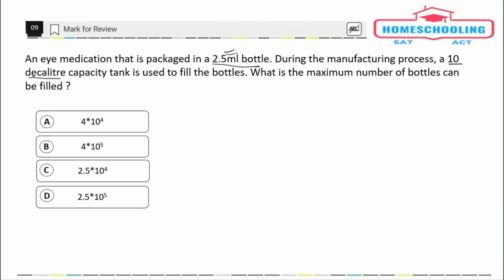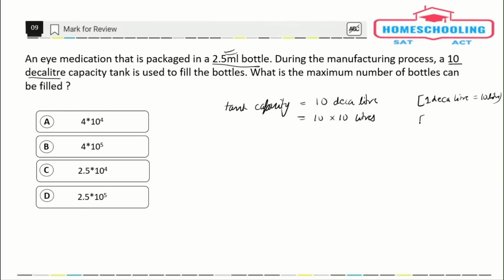So what we're going to do here is convert this tank capacity into ml. Tank capacity is 10 deciliter. Deca means 10, so 1 deciliter is equal to 10 liters. So instead of deciliter, we will write 10 liters.